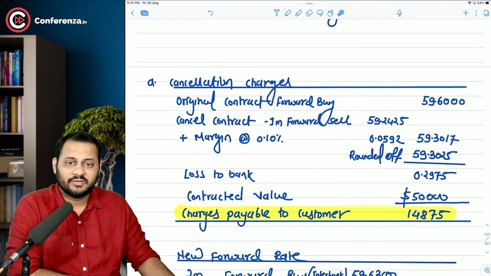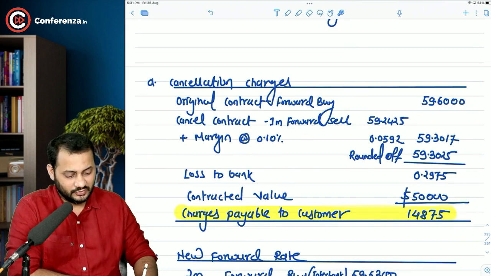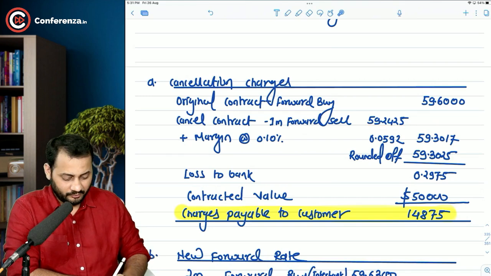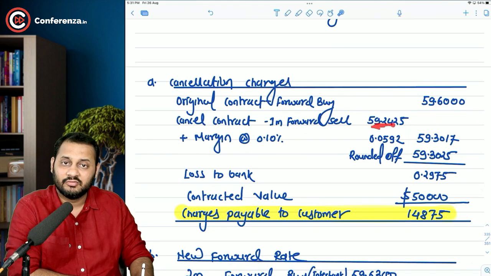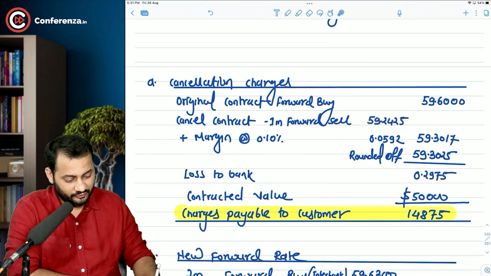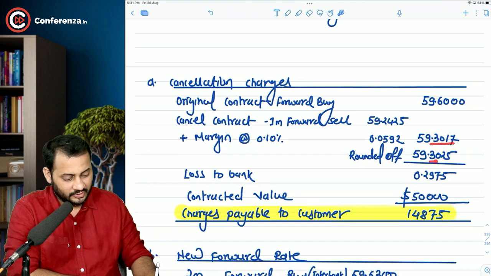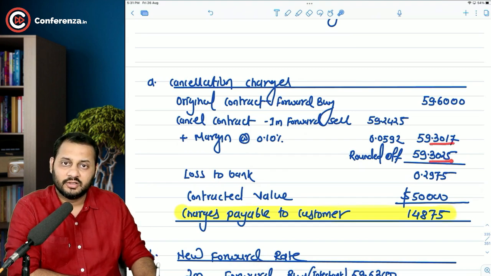Cancel the contract with 1 month forward sell. So 59.2425 plus margin, because this is an ask rate. 59.2425 is an ask rate. So 59.3017, the closest rate is rounded off to 59.3025.